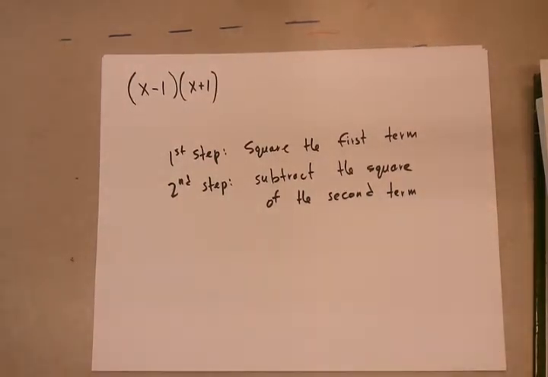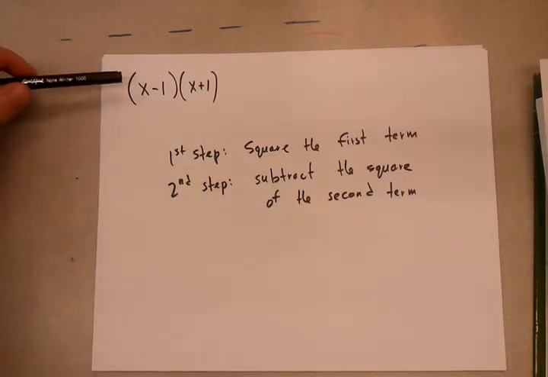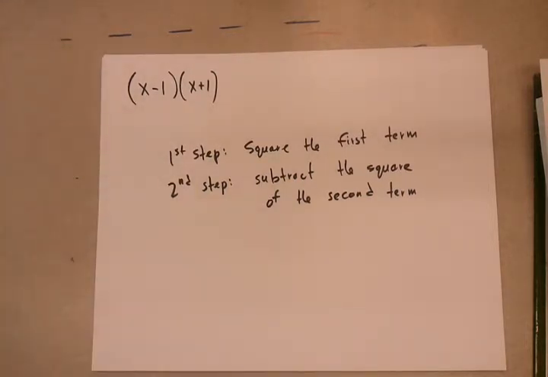That's it. Two steps, and you're done. Now, just like before, you can FOIL this or use a table method to multiply those binomials, but this is so much simpler. For example, the first step says square the first term.